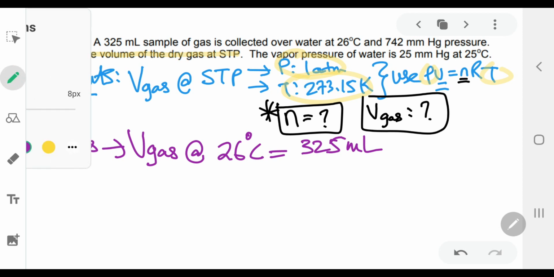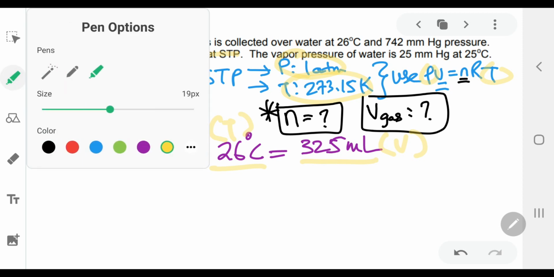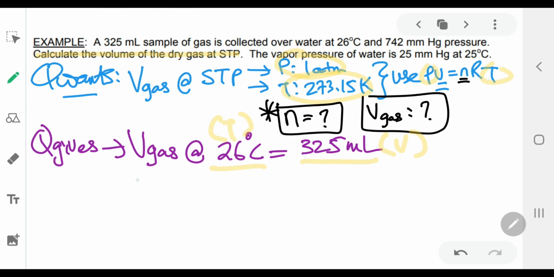Okay, so here what you can see, you have your volume, so that is the volume given to you. You have your temperature, okay, and what we can do is we can also find the pressure of the gas. And how do we do that?